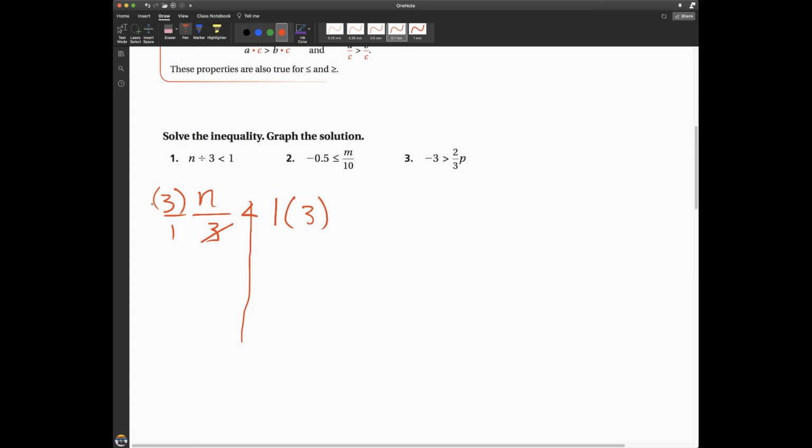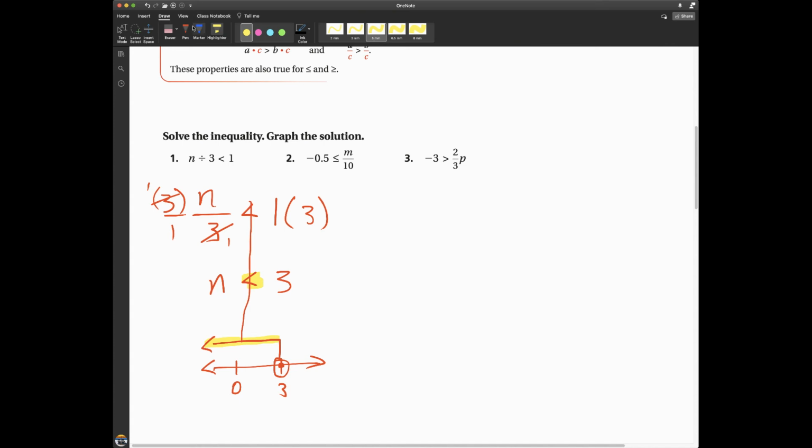Because it will cancel the denominator on the left side, which leaves me with n all by itself, and I get 3, and we can graph that. So here's 0, here's 3 on my number line, and n is less than that, so I go up and to the left. This less than symbol is represented here. All the solutions are represented here, all the values of n that are less than 3.